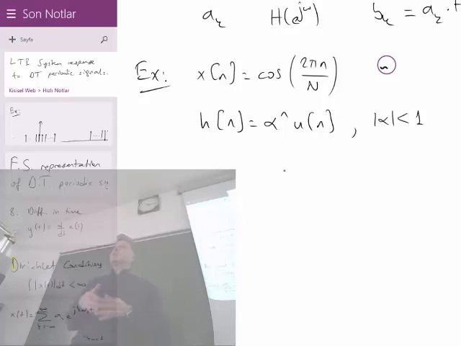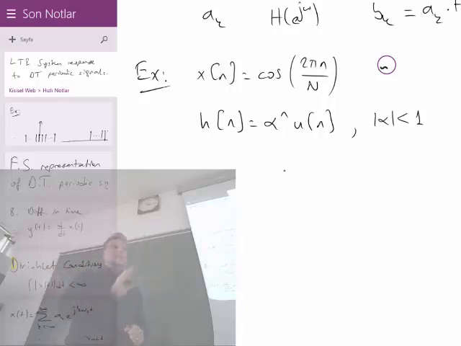Because I'm giving you the impulse response, and the impulse response concept is valid only for linear and time invariant systems. It can't be anything else. So if you have an impulse response, you say that it is linear and time invariant. They are certain, because this is an impulse response. So the only two things that you have to consider are, is it causal, is it stable?